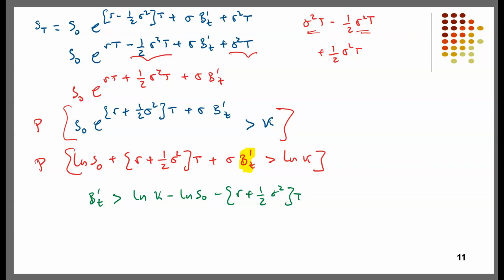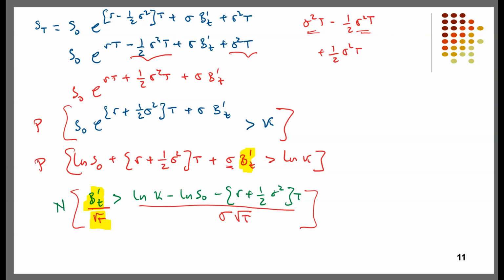Remember, because we're working with the Brownian motion, we want to get rid of the Brownian motion to work with the Wiener process, which is normally distributed with a mean of 0 and standard deviation of 1. To do that, we divide both sides by the square root of t. So we divide that by the square root of t, and this is what we will have. Now, this is a Brownian motion that's scaled by the square root of t, so it's a Wiener process, which means that it's normally distributed. So we need to have N here.